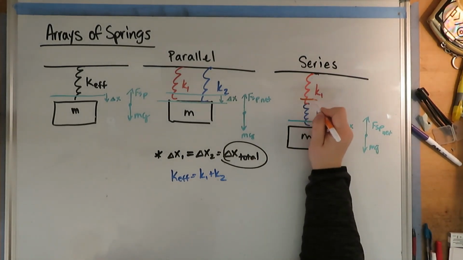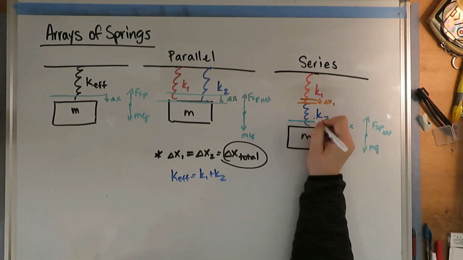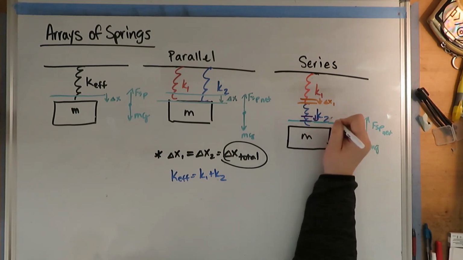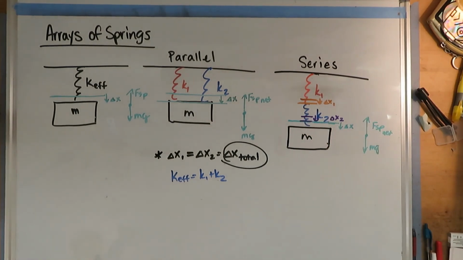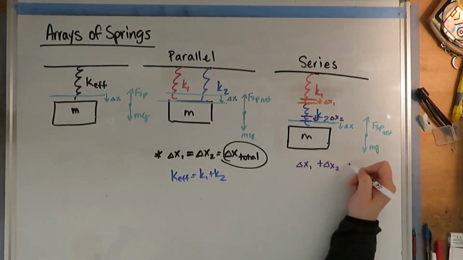This one is going to have some sort of delta X1, and this guy here is going to have some sort of delta X2. And the assumption is that delta X1 plus delta X2 adds up to be delta X total.